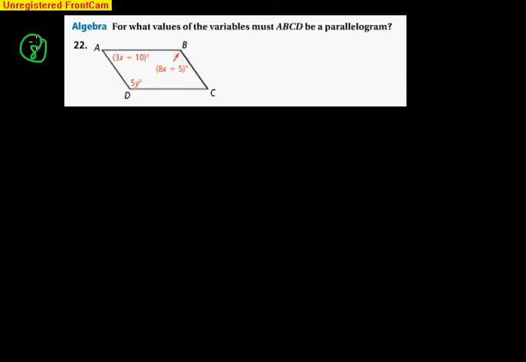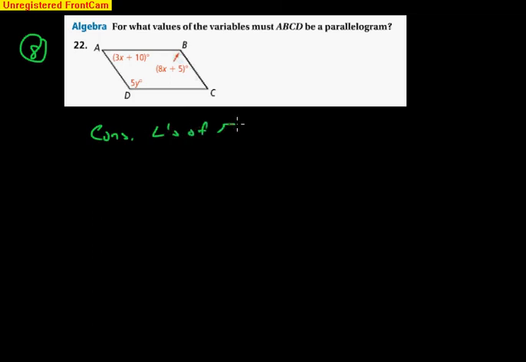Okay, problem 8 here says, for what values of variables must A, B, C, D be a parallelogram? So I look at this figure and I see two variables, x and y, and I'm saying, okay, I need to work with only the same variable. So I look at the ones that have x, and that's angle A and angle B. And I say, okay, for this to be a parallelogram, A and B are consecutive.